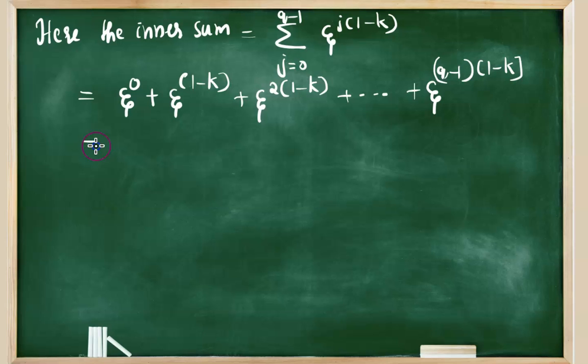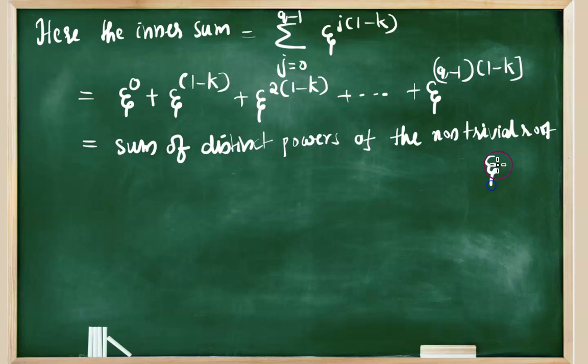That is, this is in fact the sum of distinct powers of the non-trivial root, zeta raised to 1 minus k.